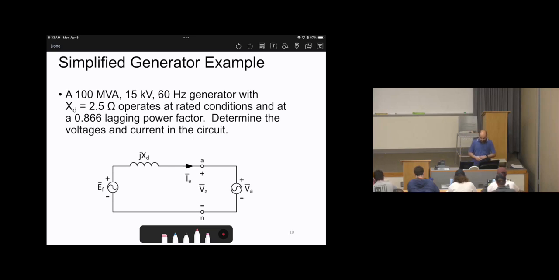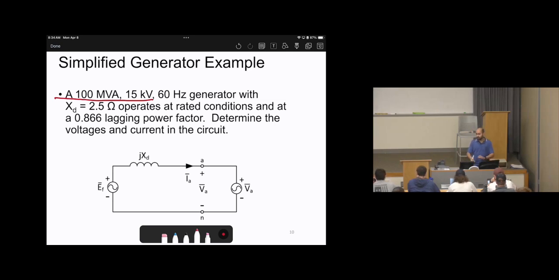Okay, let's see this question. A 100 megavolt ampere, 15 kilovolts, 60 hertz generator with XD 2.5, operated at rated condition and 0.866 lagging power factor. Determine the voltages and currents in the circuits. Here, it's very important to notice that we have rated values, and we will not use these every time. This generator has been designed for specific specifications.